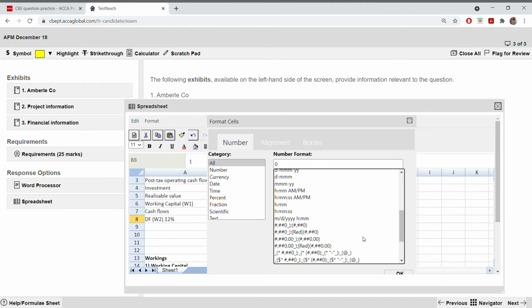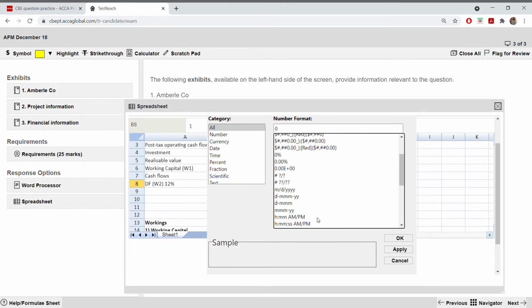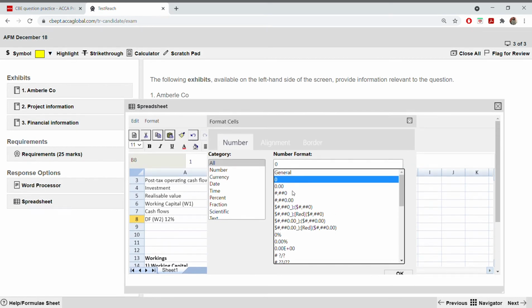If you see here, this has some other functions which I have no idea about.